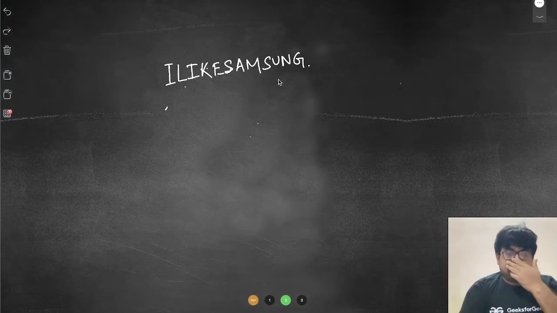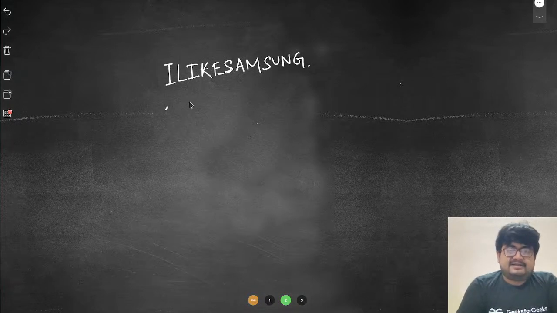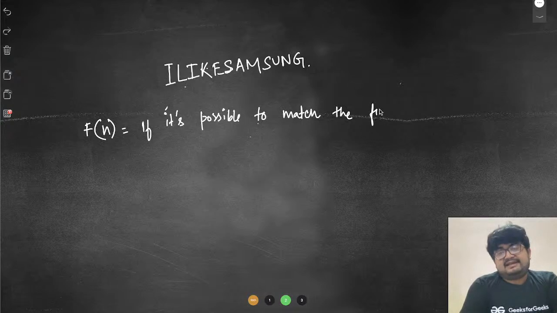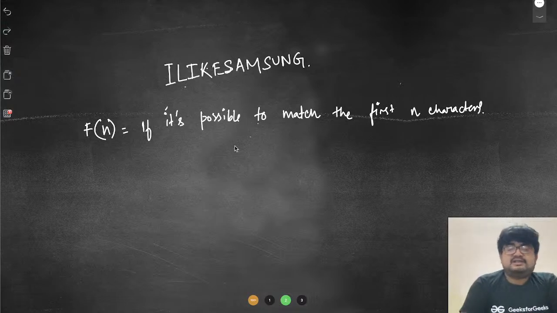So let's actually now think about the DP states here. The DP state will be the current character we are at. So if n is, if it's possible to break the first n characters into dictionary words.